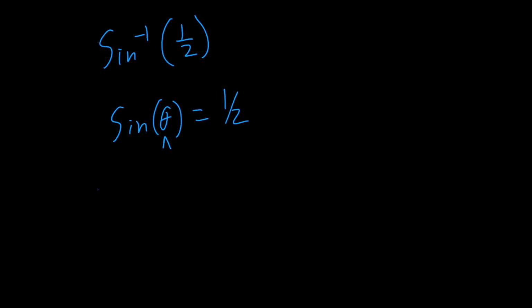Referencing our unit circle, we would know that the sine of pi over 6 is equal to 1/2. Therefore, arc sine of 1/2 would be equal to pi over 6, because arc sine undoes the sine function. So if the sine of pi over 6 is 1/2, the arc sine of 1/2 is pi over 6.